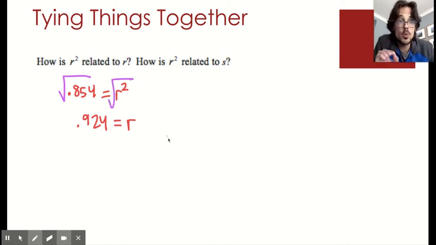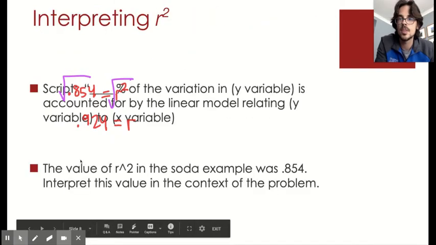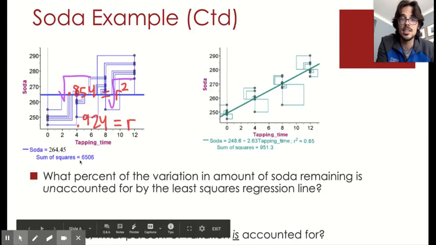Now you have to be careful when you do these. R squared will always be positive. It's a percentage, and it's also something squared, so you get a positive quantity. R could be positive or negative, but if you take the square root of a positive, your calculator is always going to say a positive number. So after you take your square root, you need to look at the problem. This problem has a positive correlation.